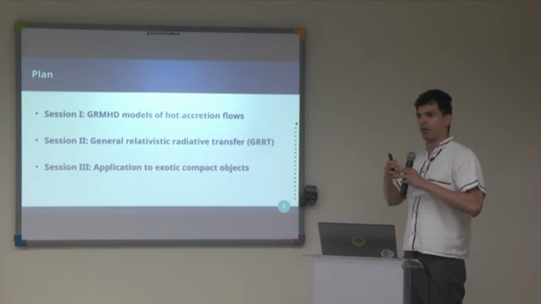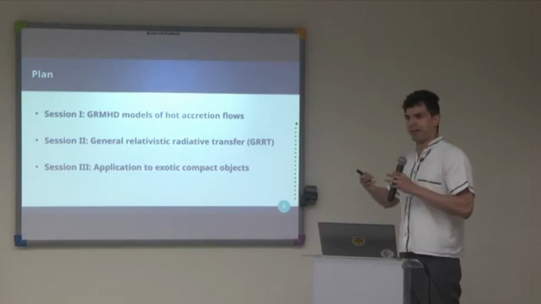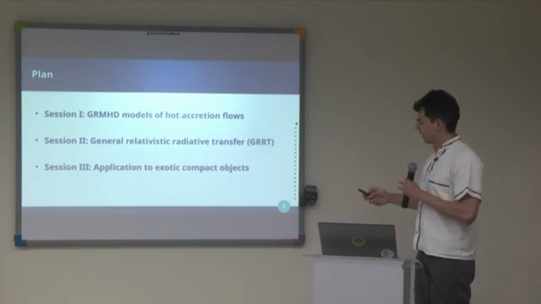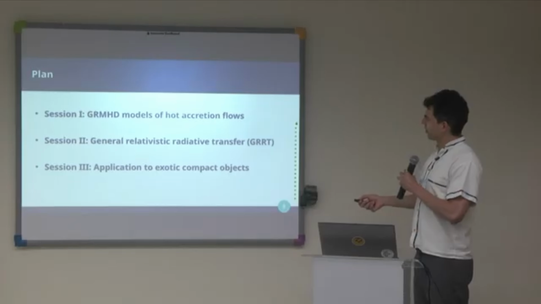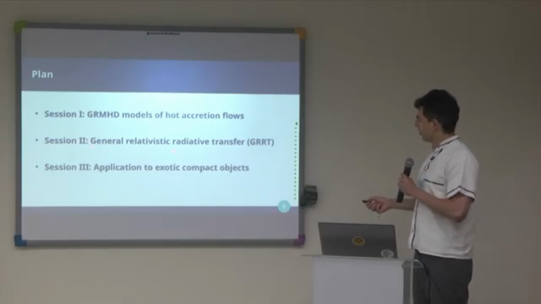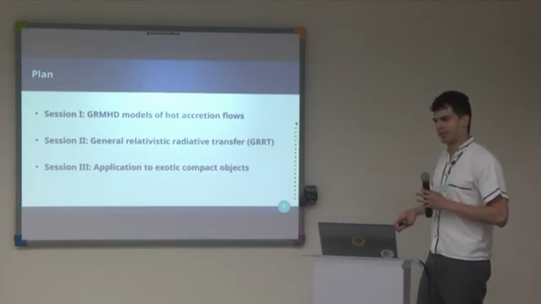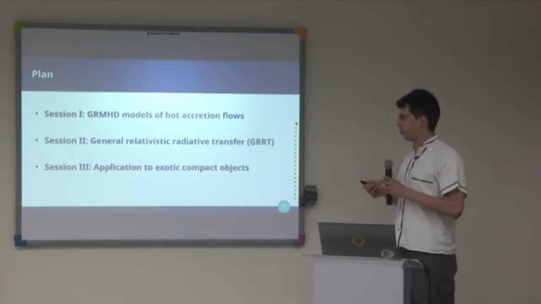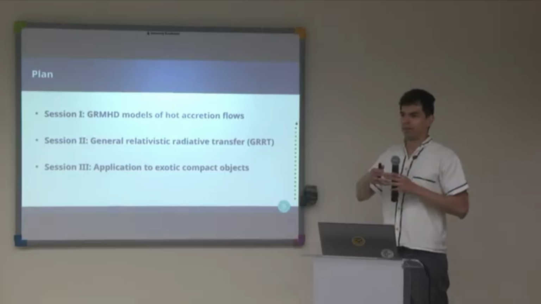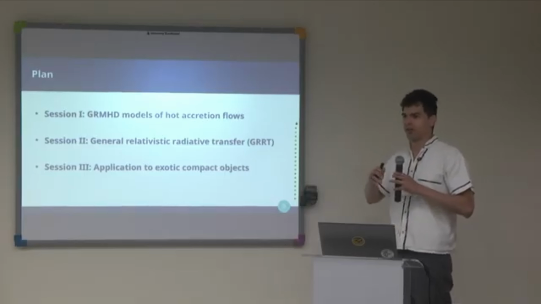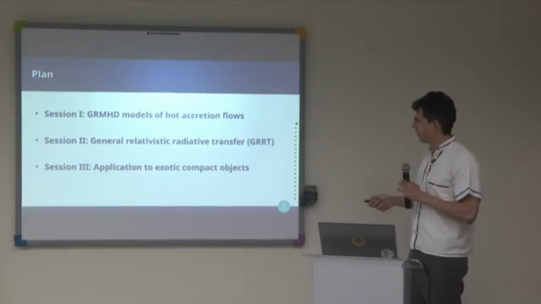And also the basics about the numerical methods that are used to do that. In tomorrow's session, we will talk about general relativistic radiative transfer. We will learn about the basic radiation processes and how that connects to the image that we will observe, and also a little about the numerical methods.